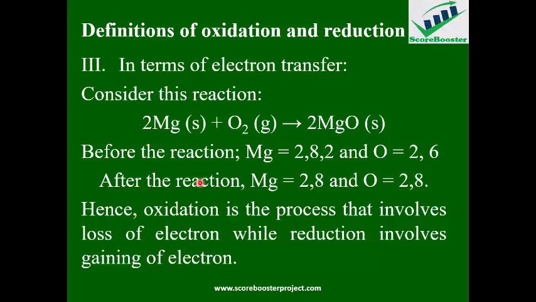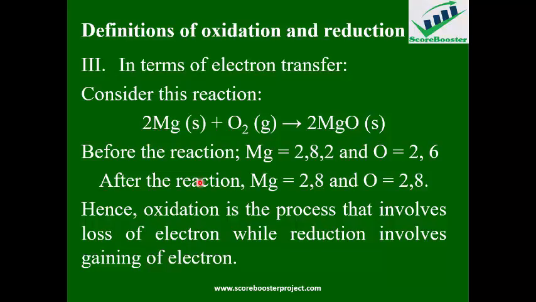Let me repeat. We have established before that in a reaction between magnesium and oxygen, magnesium is oxidized. That is when we say the process of oxygen gain is oxidation.